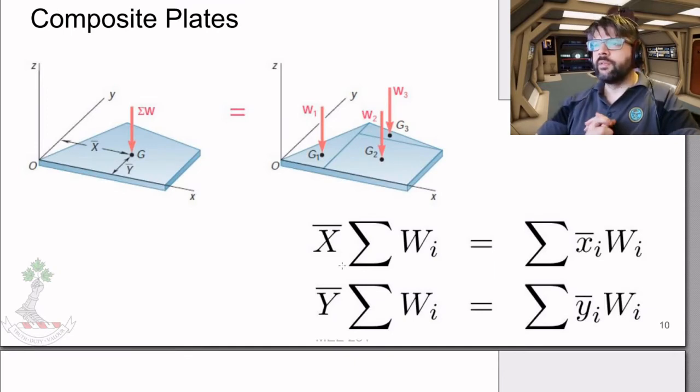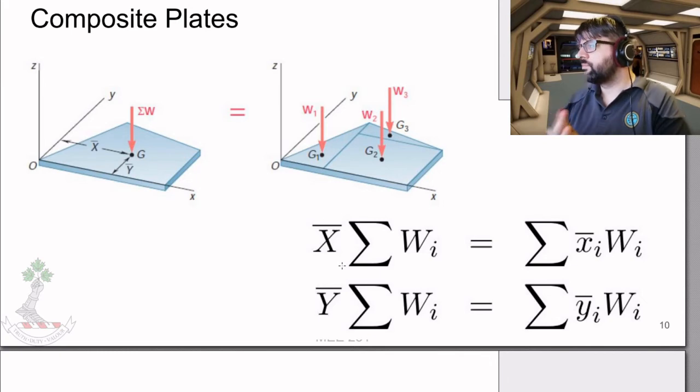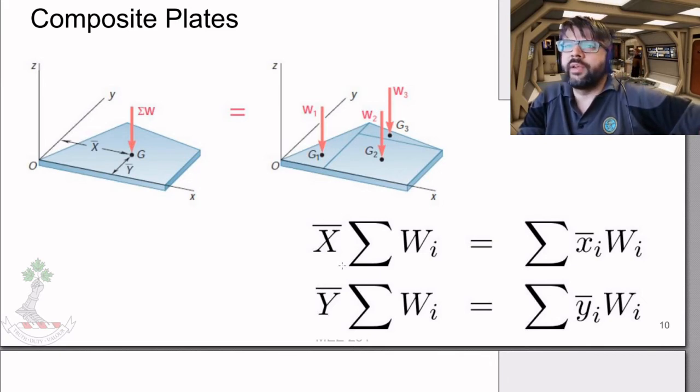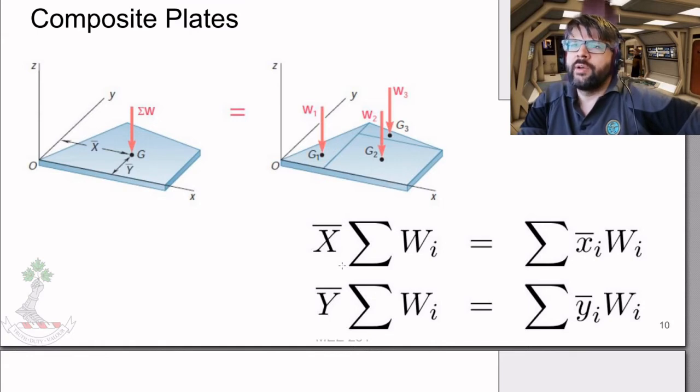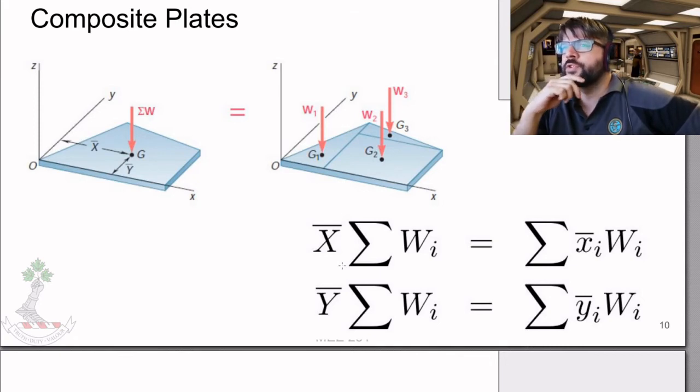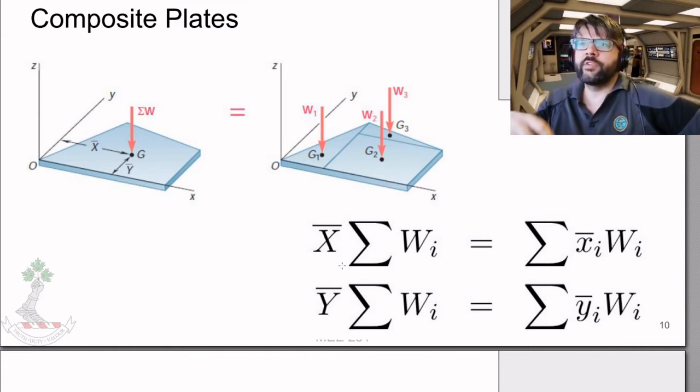So instead of having to do annoying integrals for annoying shapes, if we already have shapes that we can determine, then we can figure out the total first moment of area for the combination of those shapes by adding each of the individual components of their first moments of area together.